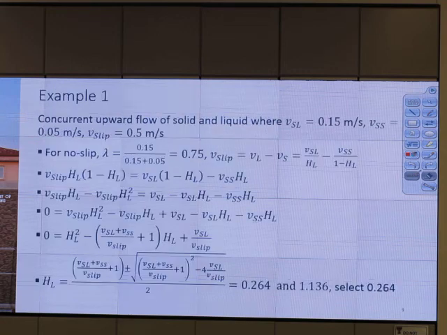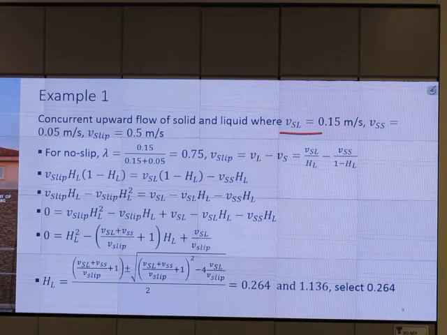Okay, we already talked about this. Example 1. Concurrent upward flow of solid and liquid where VSL is 0.15 and VSS is 0.05. VSS is superficial solid velocity. This time we have concurrent flow, liquid and gas moving up.